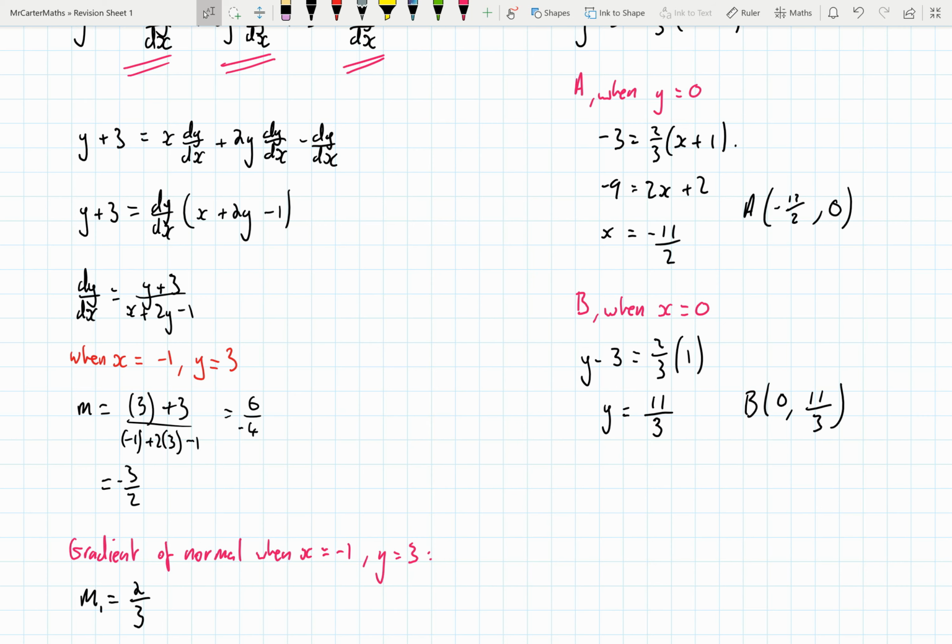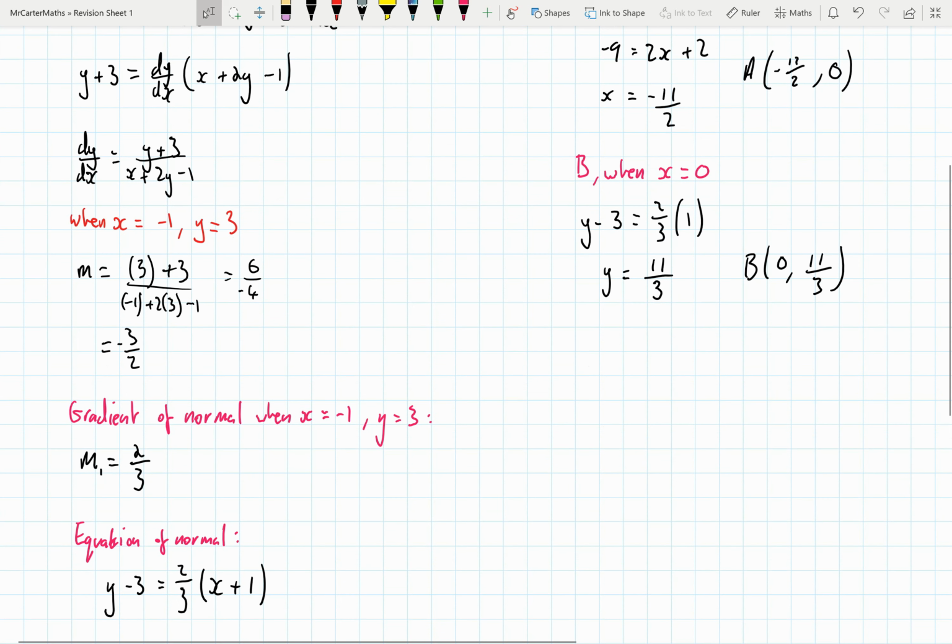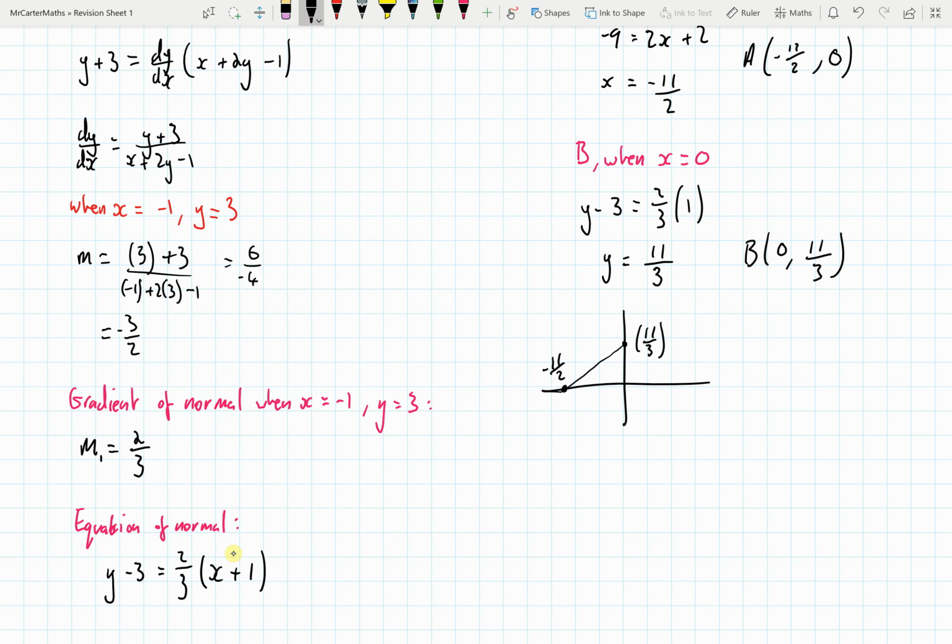Okay, so I'm now going to draw this diagram again and think about where O, A and B are. So I've got a coordinate axis. I know B has coordinates 0 and 11 over 3. It's going to be up here somewhere. A has coordinates minus 11 over 2, 0. It's going to be over here somewhere. I'm thinking about triangle ABO.